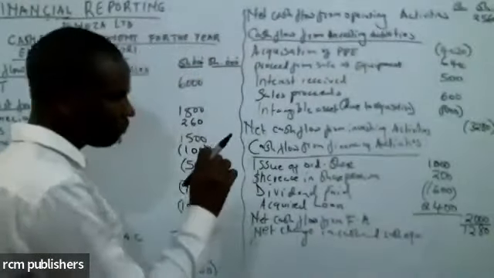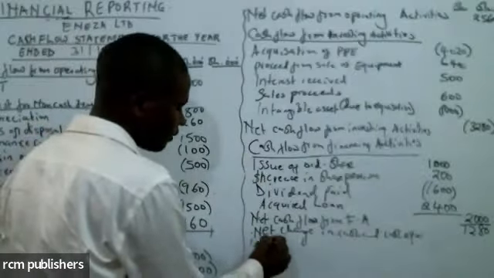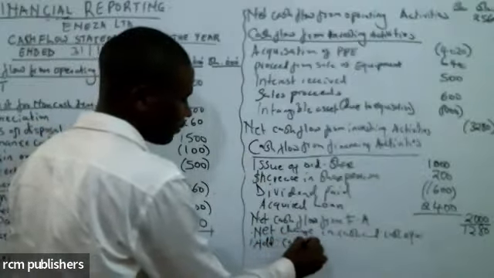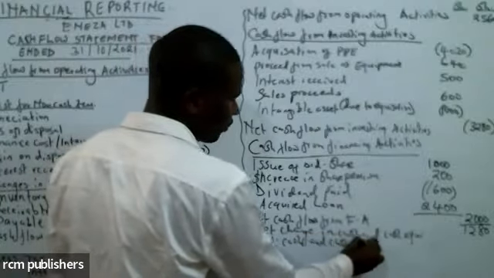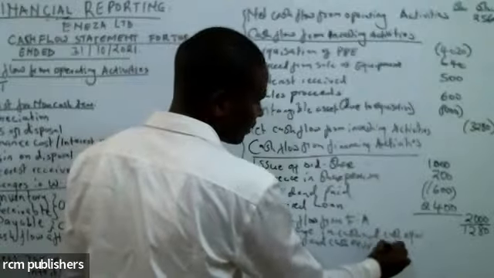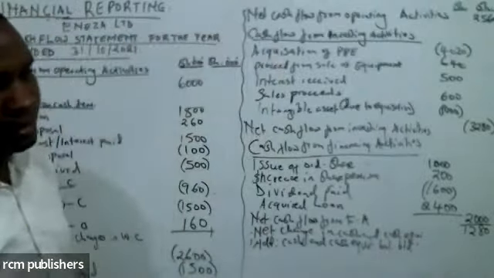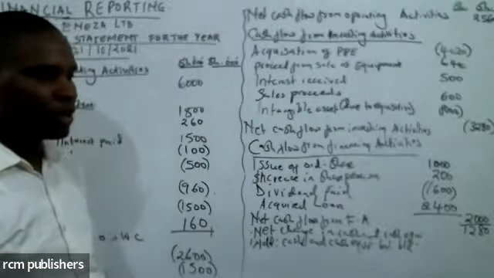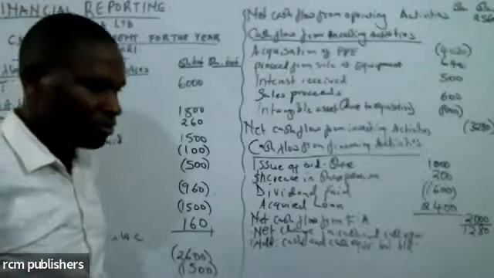Next step. Upper next step itakuwa gani? You add cash and cash equivalent balance brought down. How do we get this cash and cash equivalent balance brought down class?